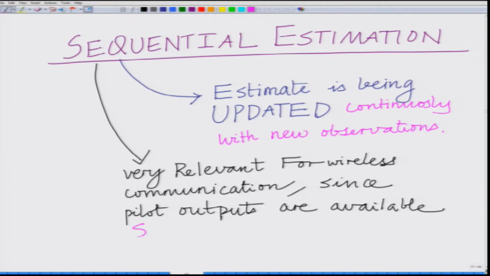That is the key term here: they are not available all at the same time, but sequentially. There is a pilot symbol transmitted, a pilot output that is observed, based on which you compute the estimate. At the next instant you have another pilot symbol transmitted, and a corresponding pilot output.